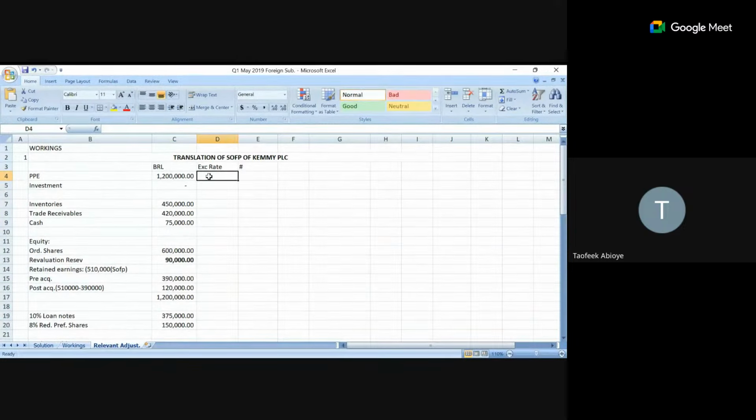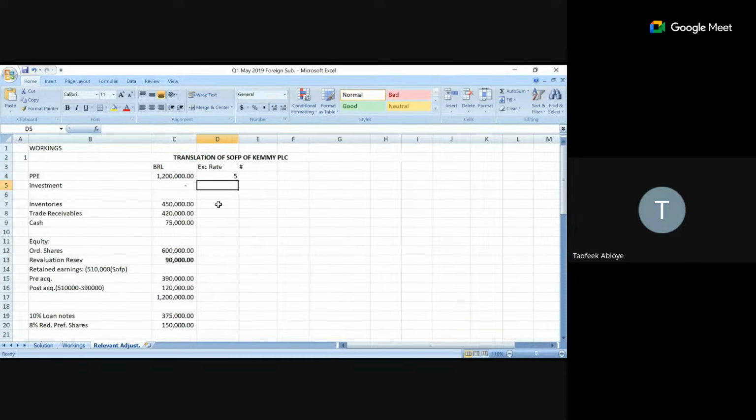The exchange rate is 5, right? Yes. Now, the next item is investment. Kemi does not have an investment. We are giving its investment separately.